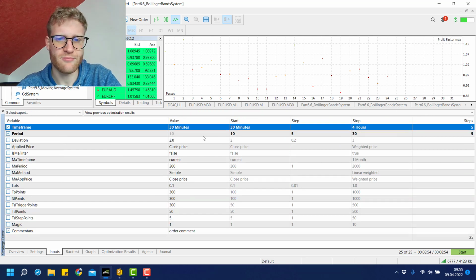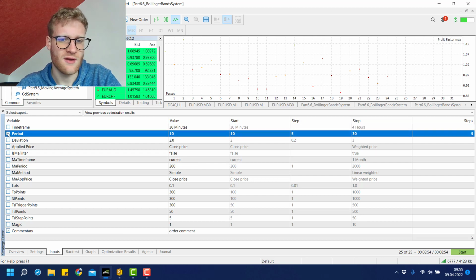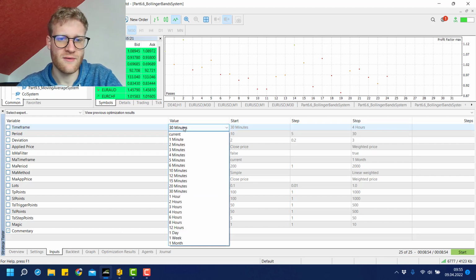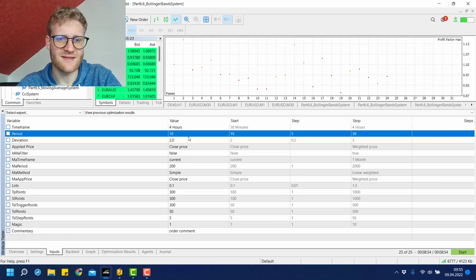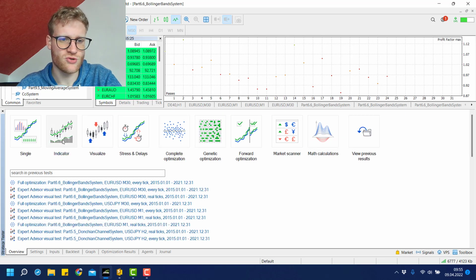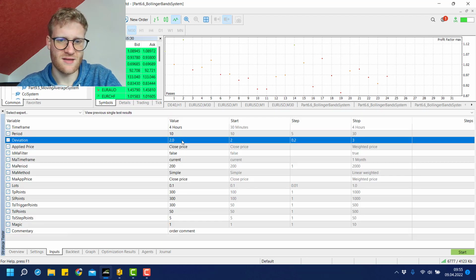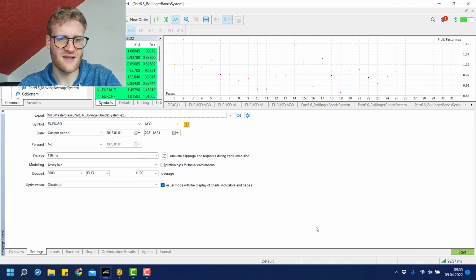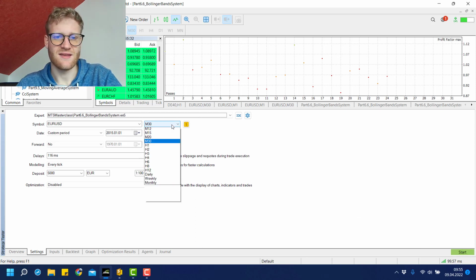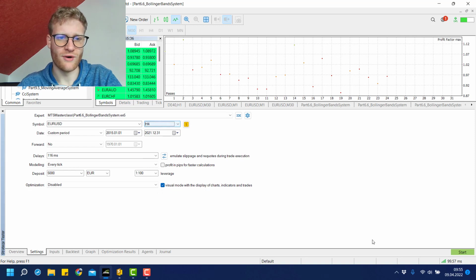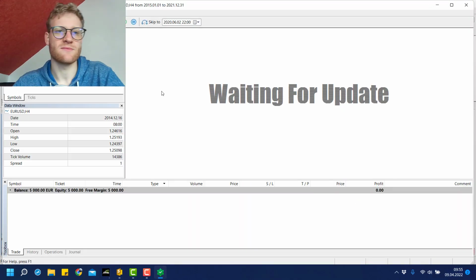So let's go back to the inputs, and we have the 4-hour time frame and 10 periods like this, and then we want to do a single backtest, 4-hour 10 periods like this, and we can give it a go for these last 6 years, and we can even move to the 4-hour time frame here. So let us start this. Let's have a look if everything works correctly, and then we will let the test do its job and look at the results in the end.